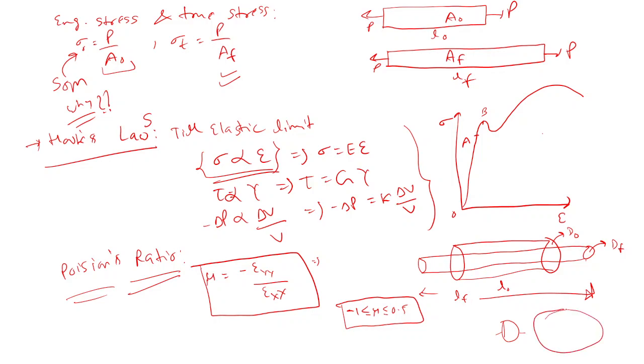There is no practical example for a negative Poisson ratio, so practically it is from 0 to 0.5. All materials are on the positive side. So now four things have come: E, G, K, and mu.